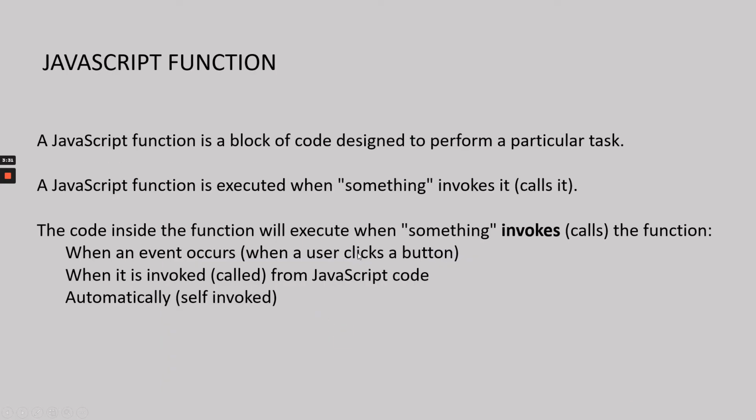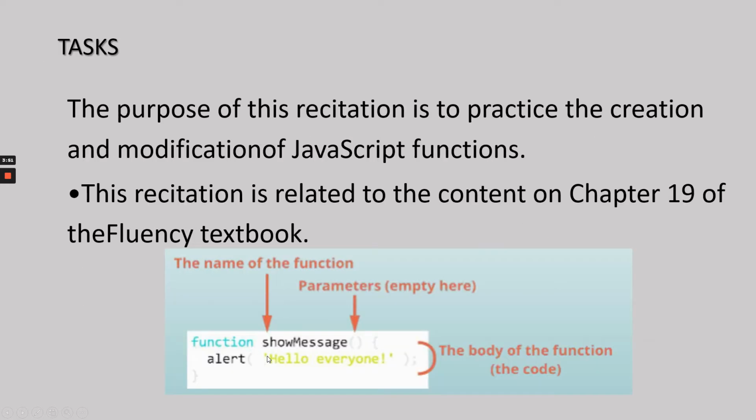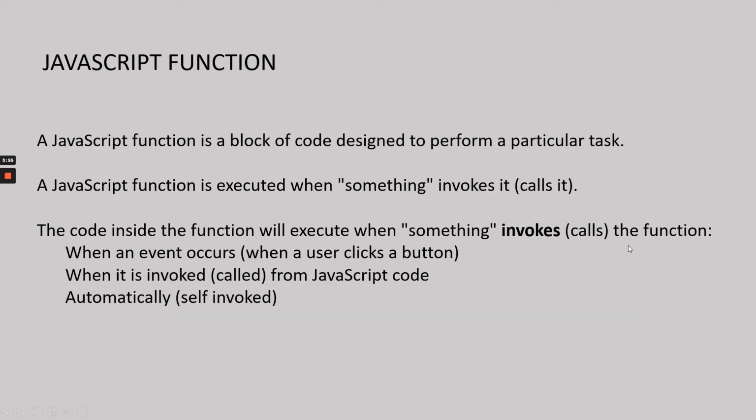You could pause here and just read it through. So the code inside the function will execute when something invokes the function, which I say calls, or you could say invokes. So the function is like storage, and when you need to use it, you just call it by calling the name. Maybe for this example, it's showMessage.